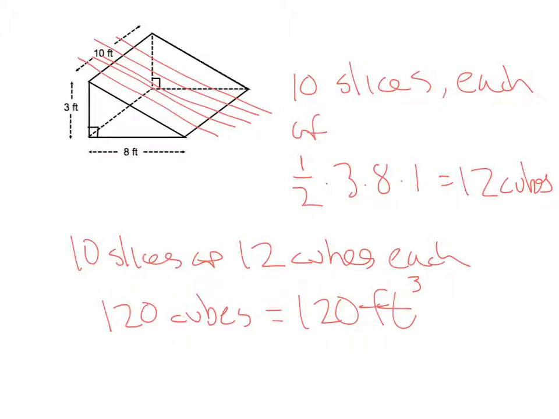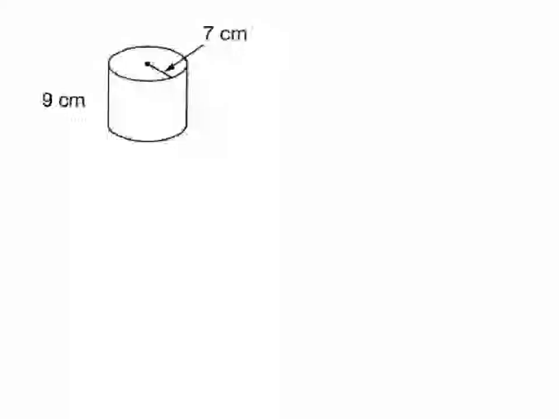So let's take a look at a third one, that being a cylinder. Imagine how we'll have to slice it as well. And here is that third shape, and of course it's a cylinder. In this case, you should be seeing that you're going to have 9 slices of, let's say, something that looks like a hockey puck. So we'll call it 9 slices of hockey pucks.